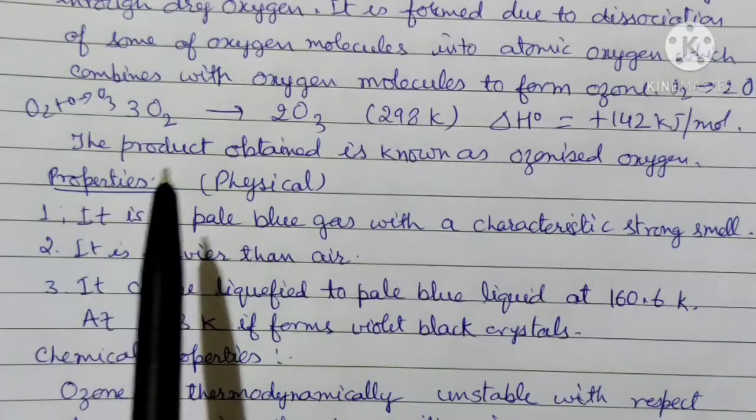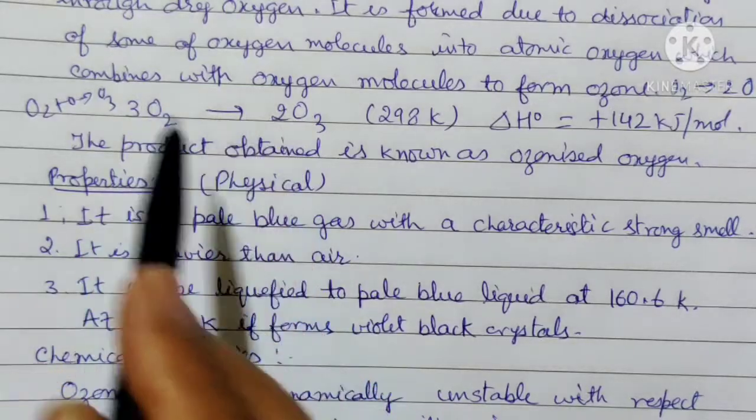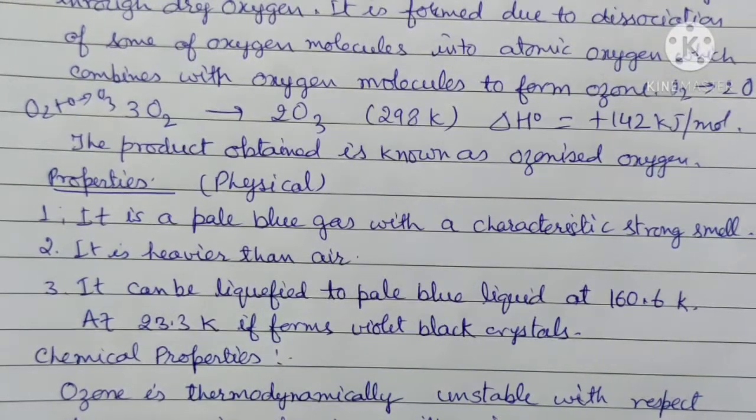That means when ozone breaks down into oxygen, delta H is negative, the process is exothermic, and the entropy change is also positive, and that's why it favors the decomposition of ozone. And that's why we can say ozone is thermodynamically unstable.